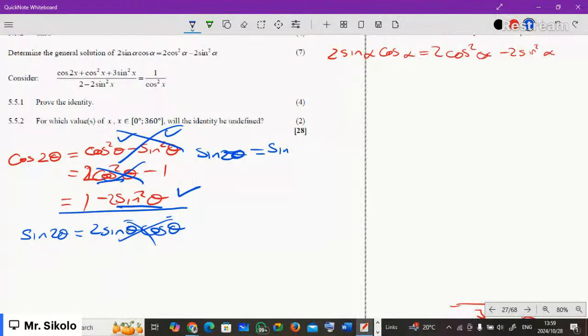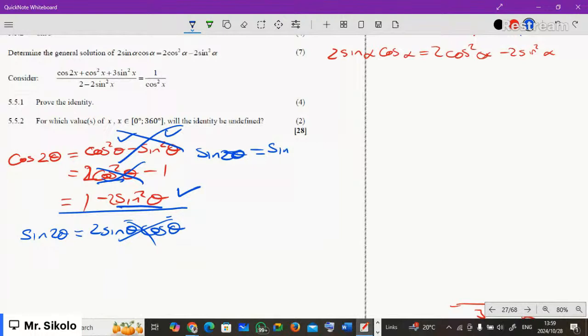Okay, now let's come to this. How do we determine a general solution? The first thing you look at, guys, is whether your angles are the same. Are your angles all double angles or all single angles, and are they the same angle? If the angles are all the same, you are happy. Now you check the ratios.